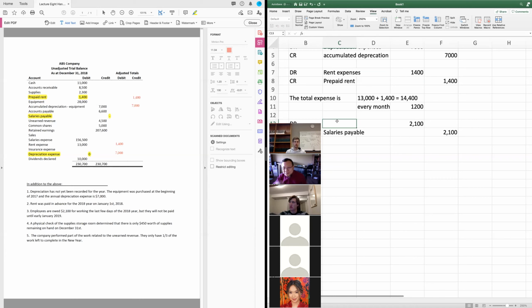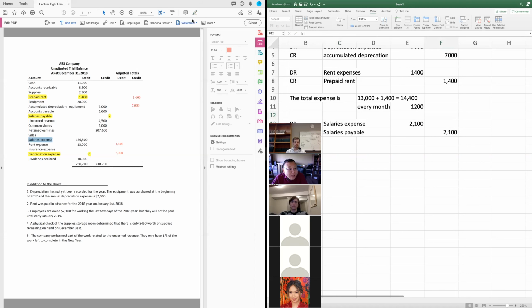You credit salary payable. What do you debit? Would that be your salaries expense? Thank you. Very good. Salaries expense. That's here, the salary expense.